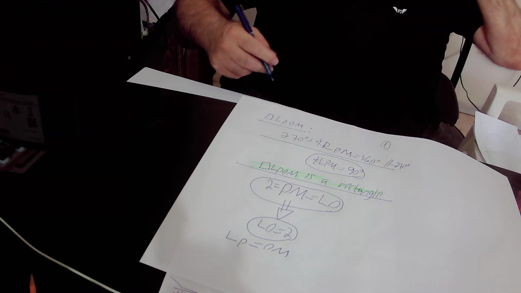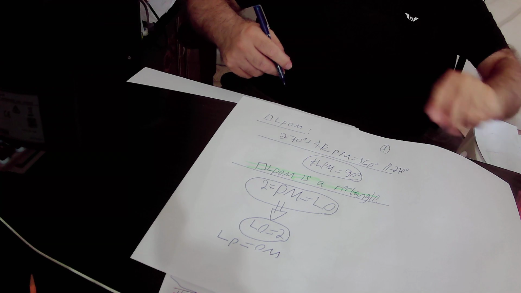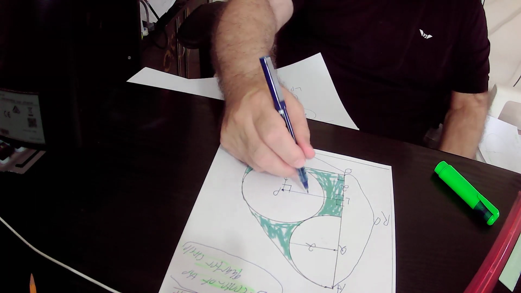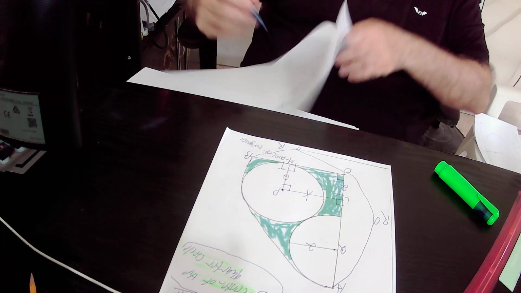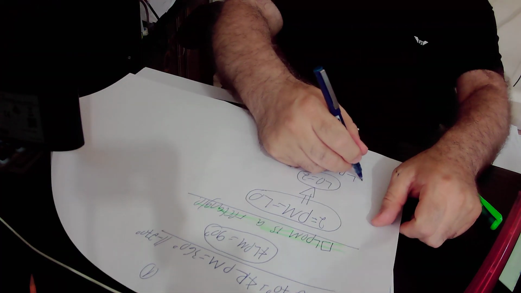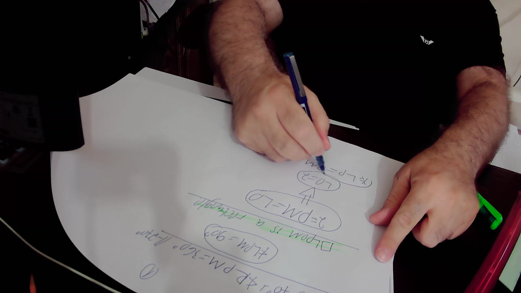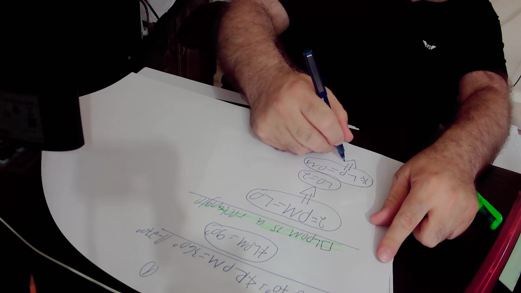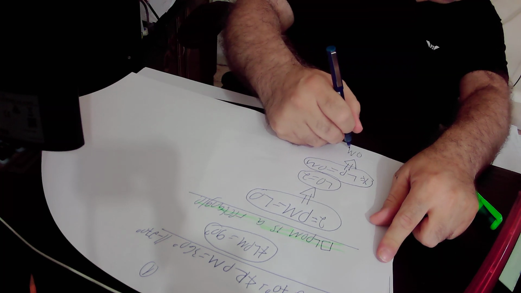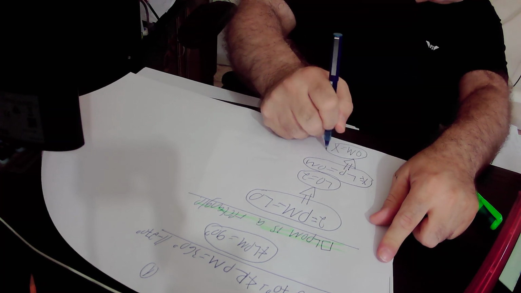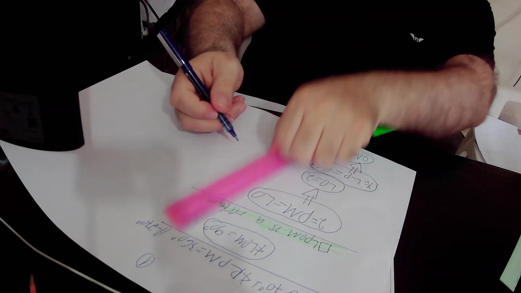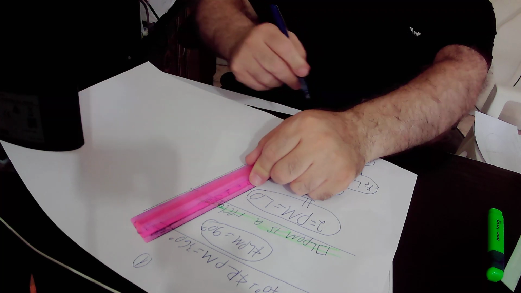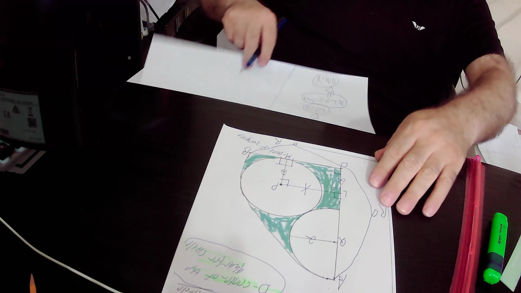So if we define side LP as X, then from the equation X equals LP equals OM, we will derive that side OM is also equal to X.